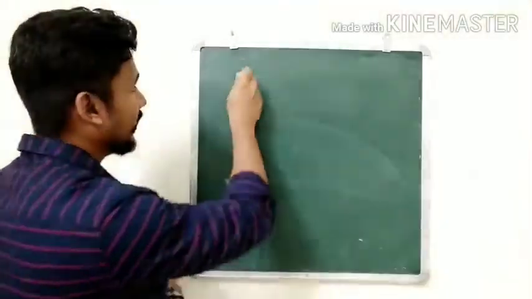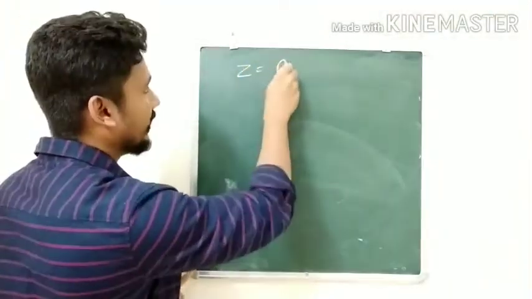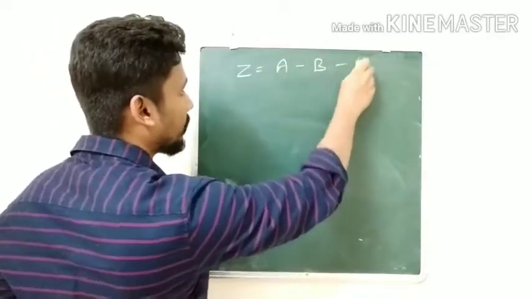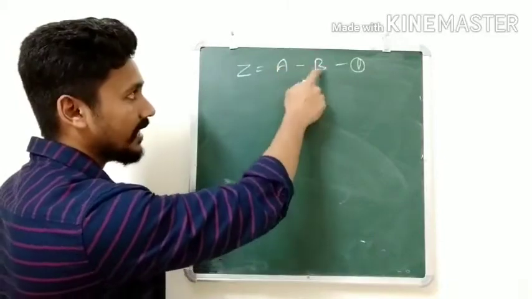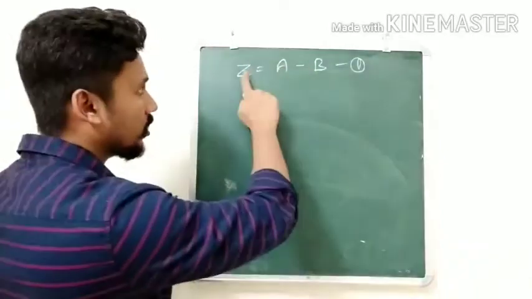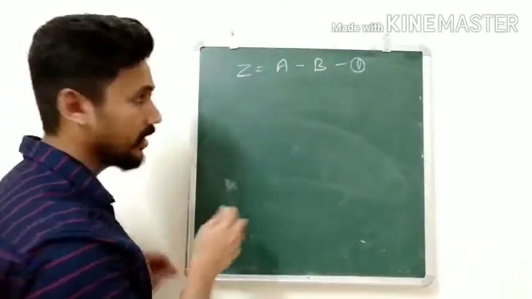Next, let us say a quantity Z is made up of A minus B. So Z is made by subtracting B from A. Let us call Z equal to A minus B equation number 1.